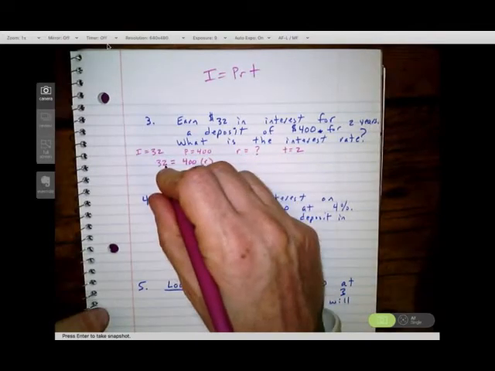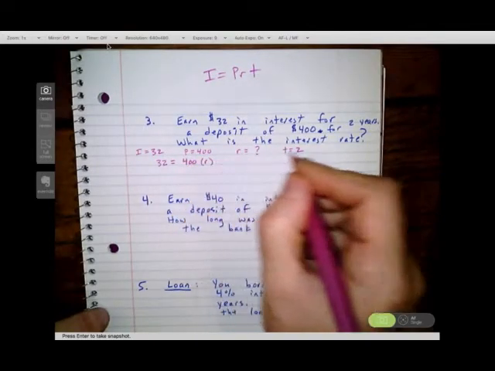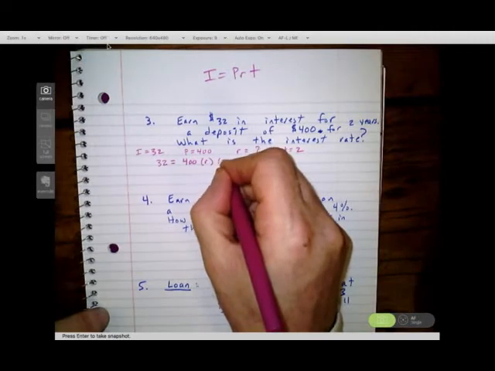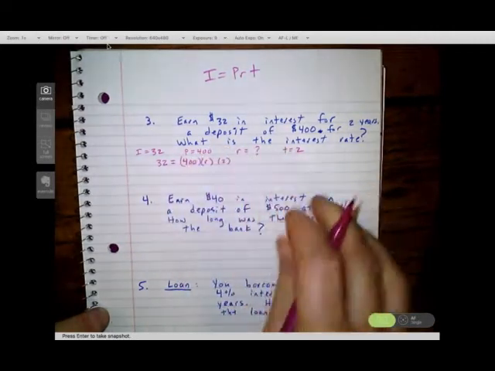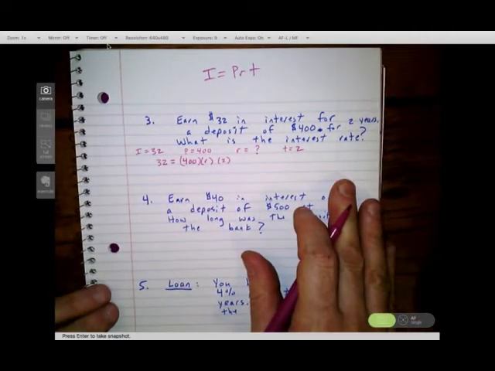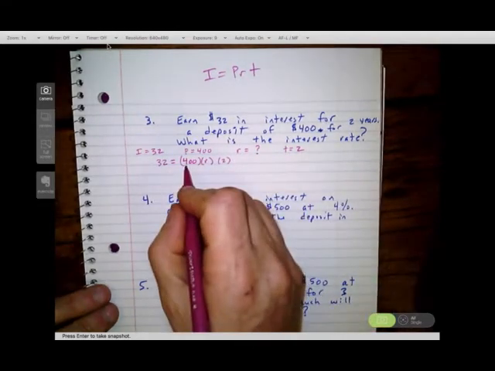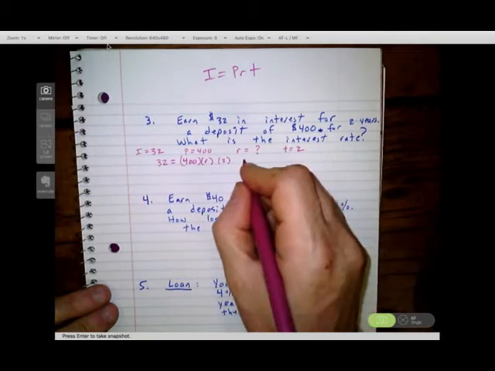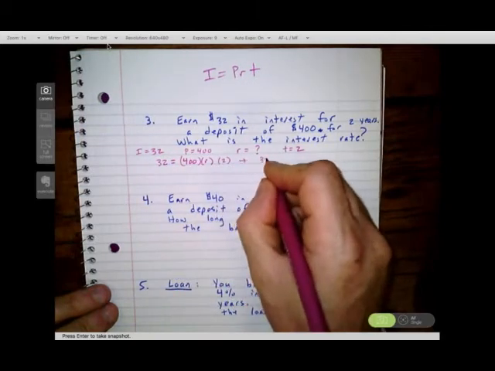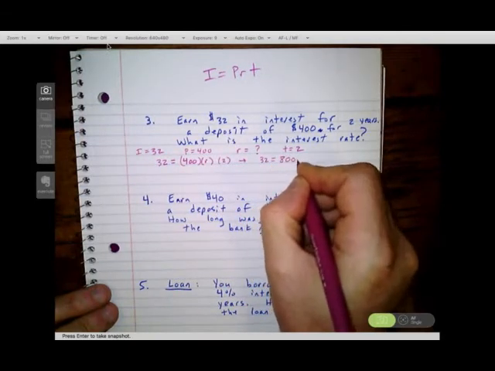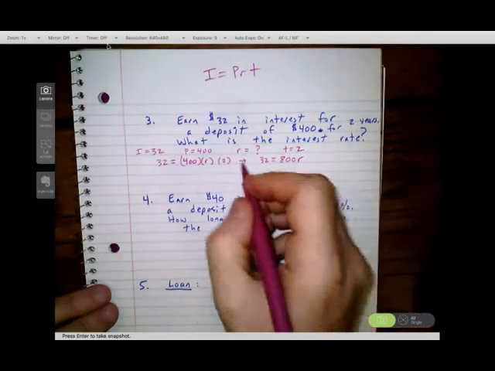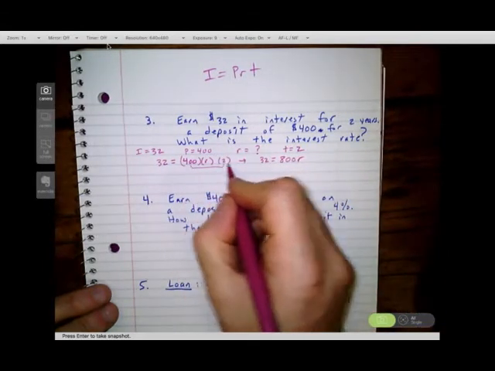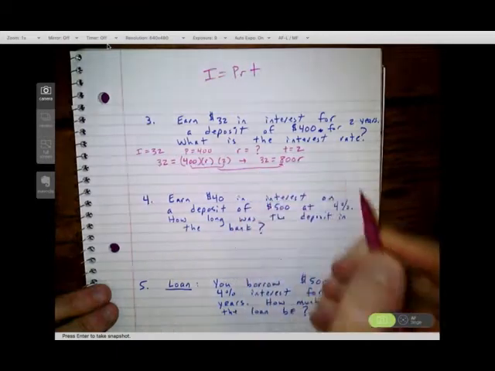So interest, principal times the rate, which is R, times the time, which I just filled in was 2. So now we got to solve for R, and this is a little weird, but let's change this a little bit. 400 times 2 is 800. So I'm going to get 32 equals 800R. All I did was multiply these two together to get 800.